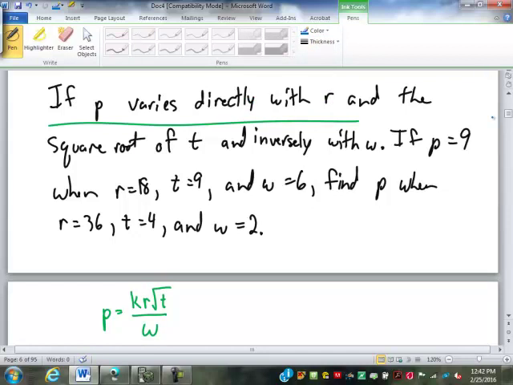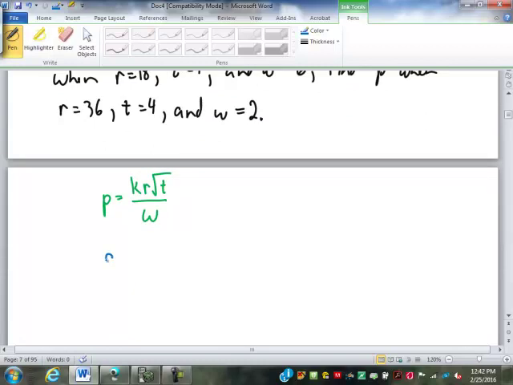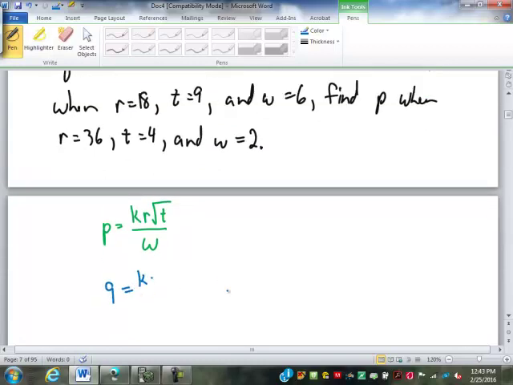So now if p equals 9, when, so 9 goes in there equals k, when r is 18, so k times 18, times the square root of t is 9, over w is 2.